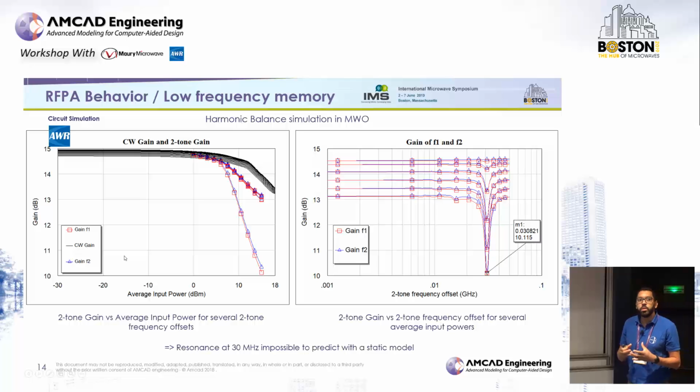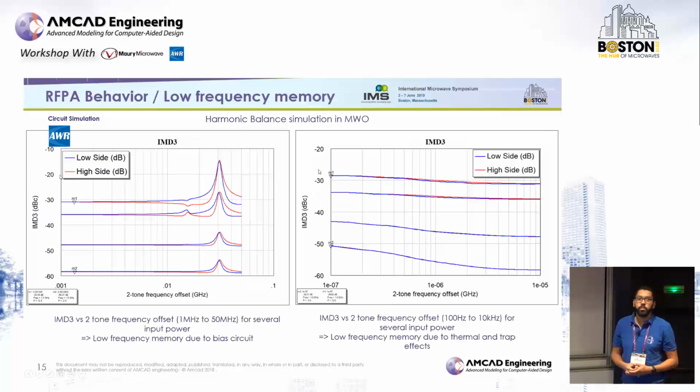This is visible on the left graph because the overall gain shows a dependence on the two-tone spacing, but the dependence is even more visible on the right graph because a clear resonance of performance is visible for 30 MHz tone spacing. Resonance also has an impact on the third-order intermodulation products that can be simulated at different power levels.